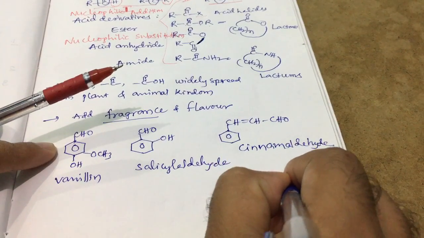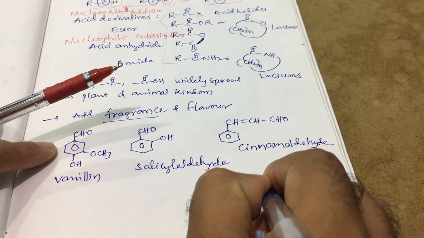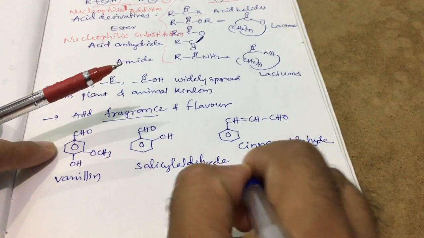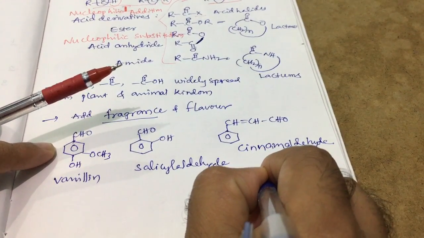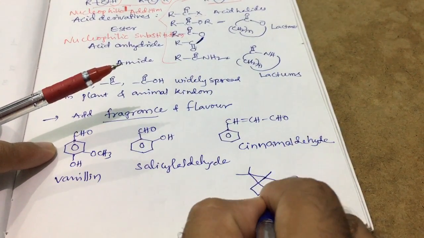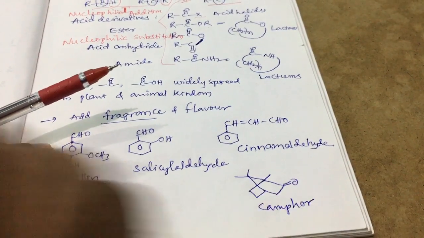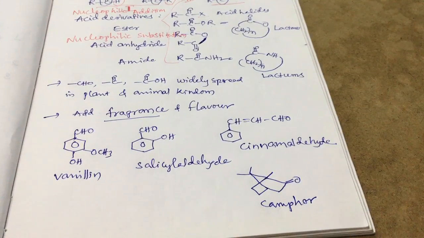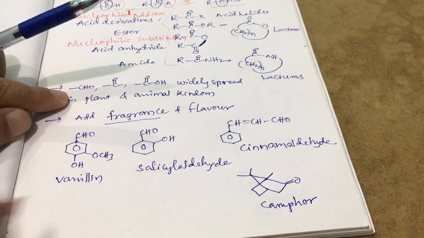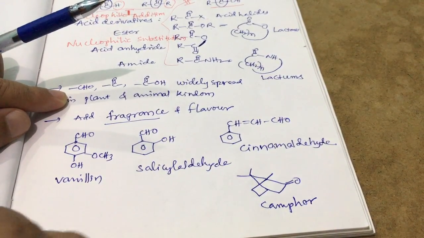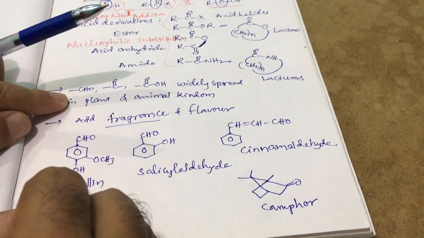Here is the keto group, and we have two methyl groups like this and here one methyl group. This is called camphor. Vanillin is extracted from the vanilla bean.